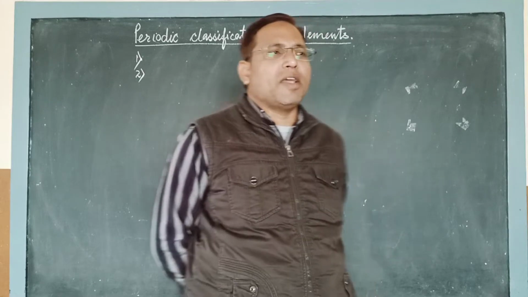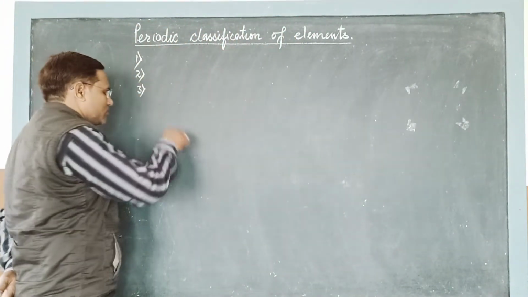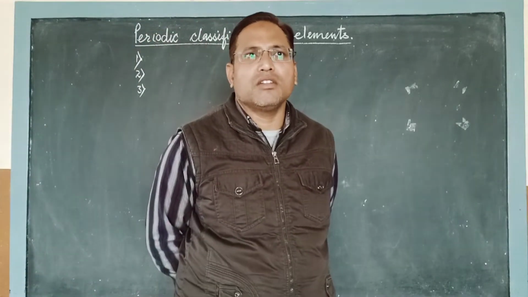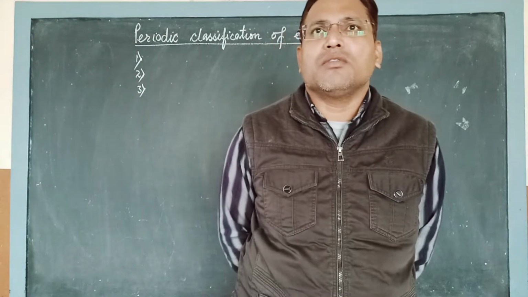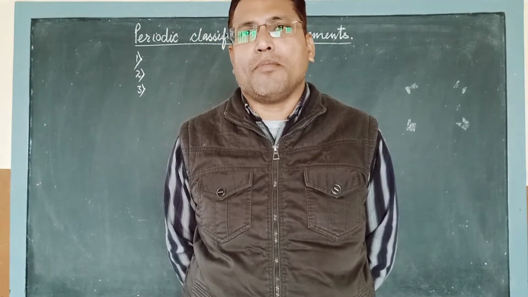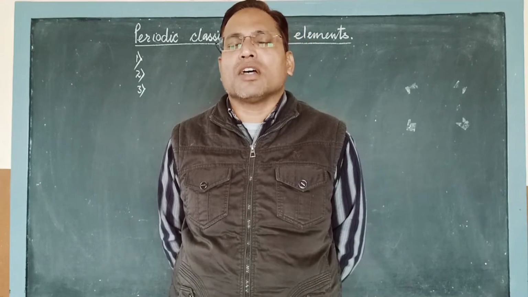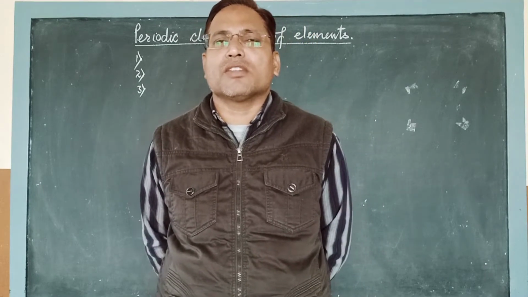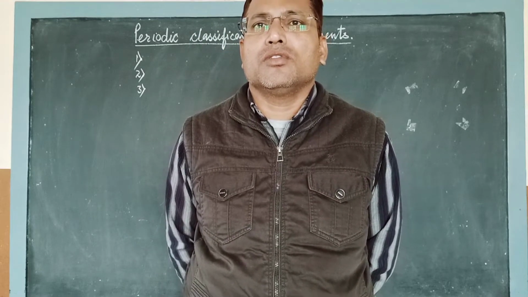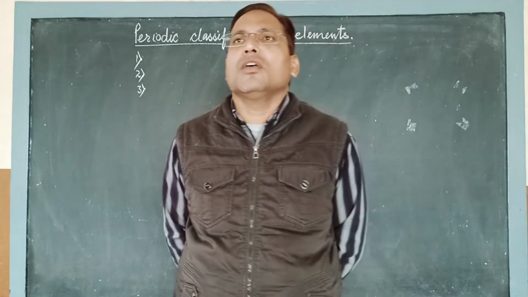And the third demerit was about the position of hydrogen. Hydrogen was placed with the metals, although it is not a metal. It was placed by him in the first group along with sodium and other elements.